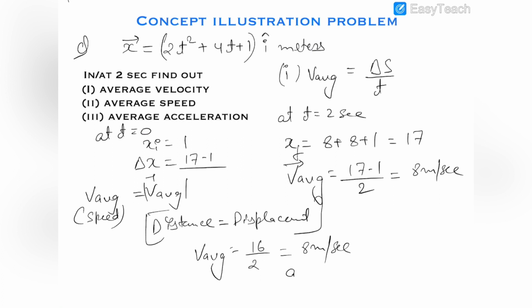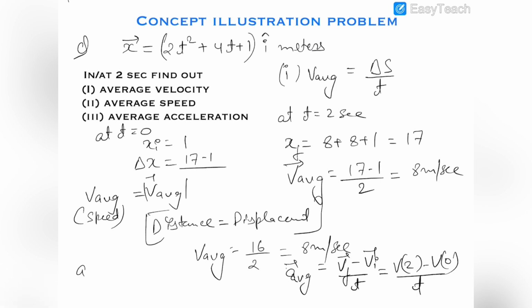And average acceleration is equal to V final minus V initial by time. You can see that the final time at which we have to find these quantities is 2. So the final velocity would be the velocity at 2 seconds. So V at 2 minus V at 0 upon time.